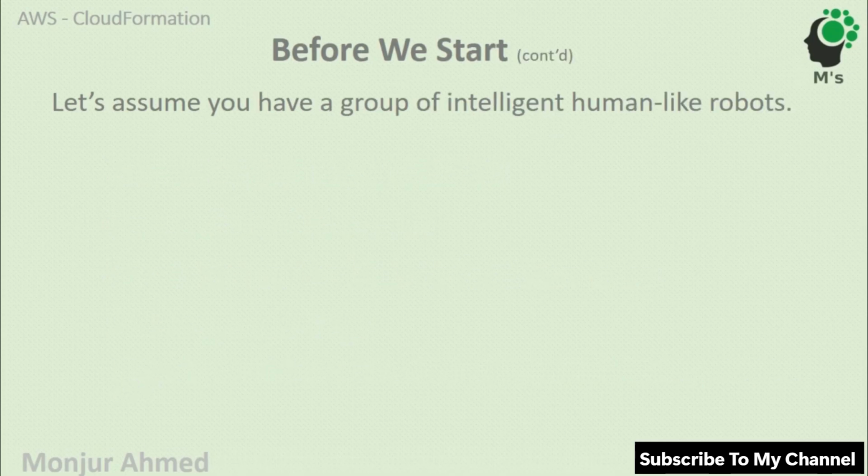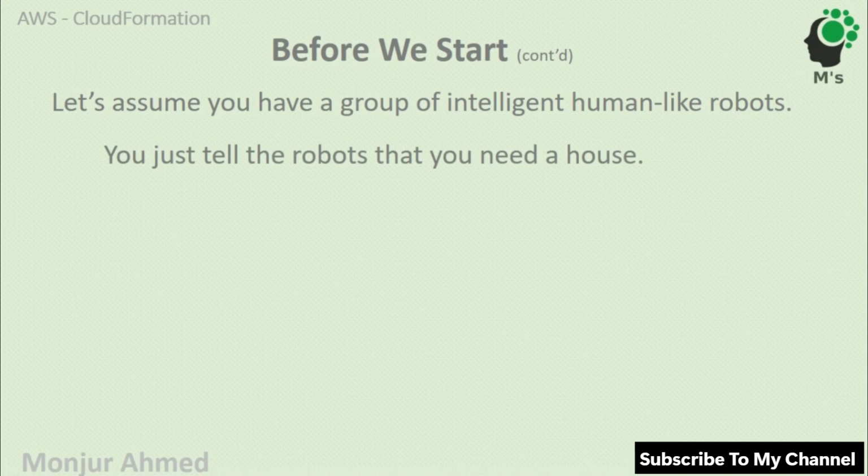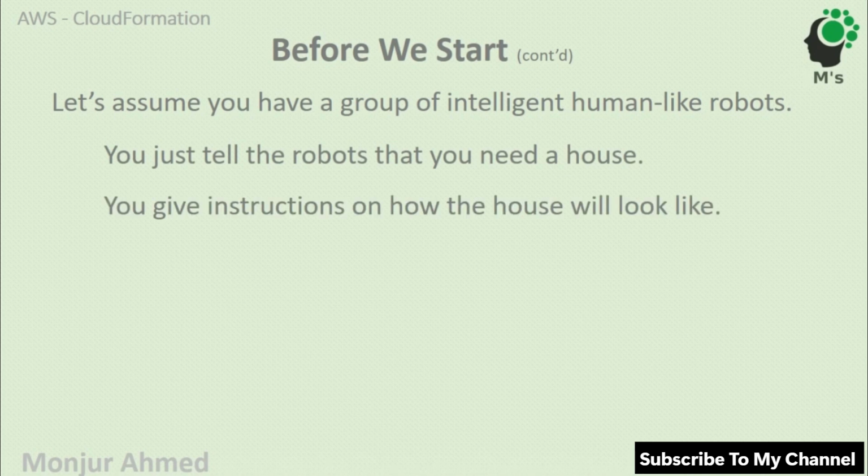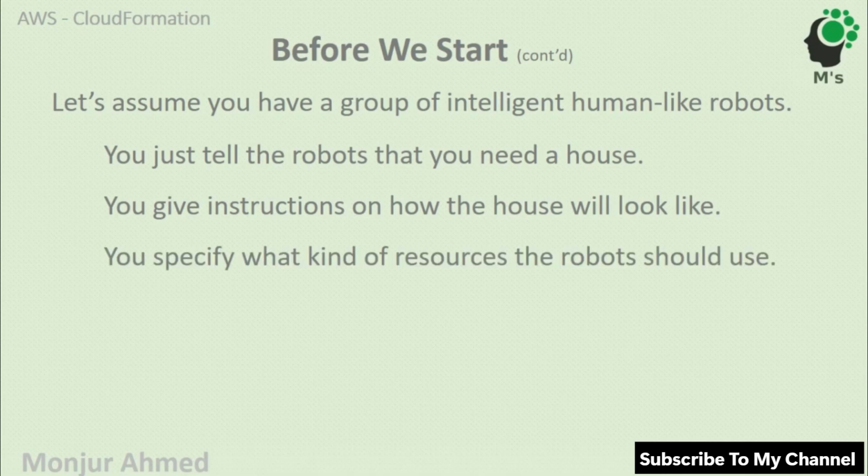Now let's assume that you have some very smart, human-like robots, and you just tell the robots that you need a house, and you give them all the instructions on how the house will look, what would be the design, what kind of resources and materials they should use, the quality of the material to build the house, and so on.